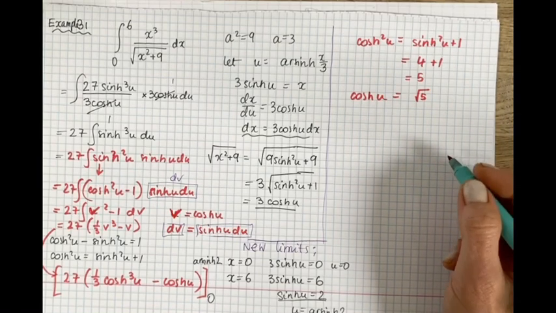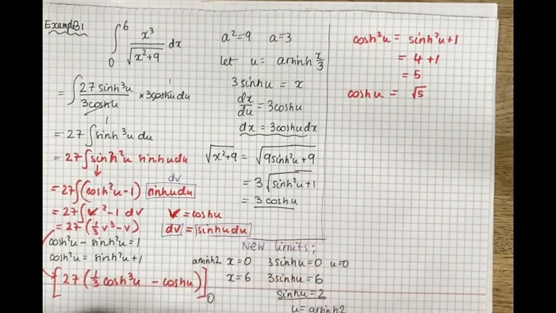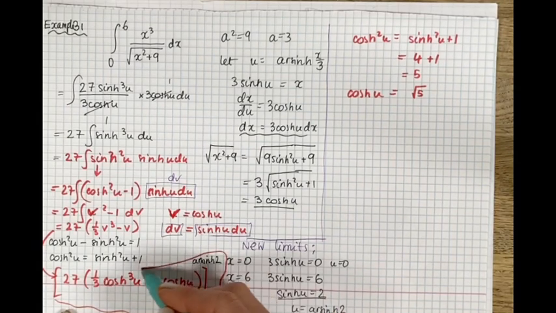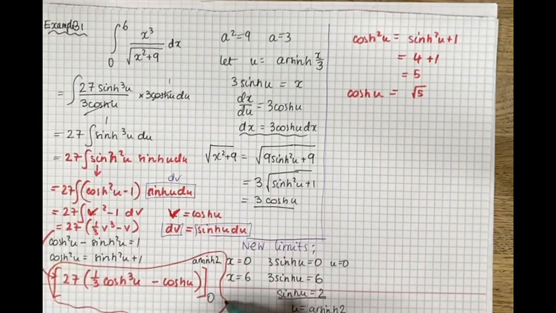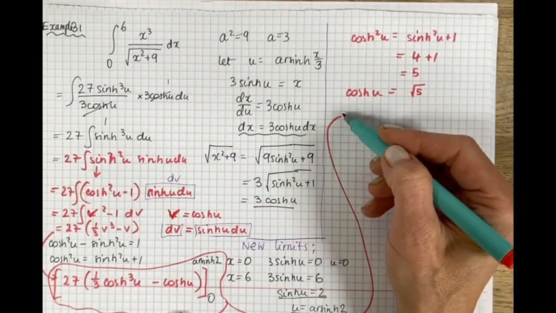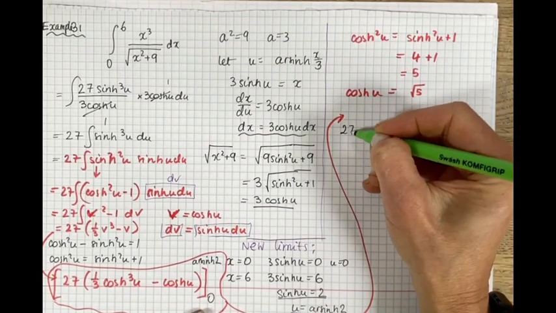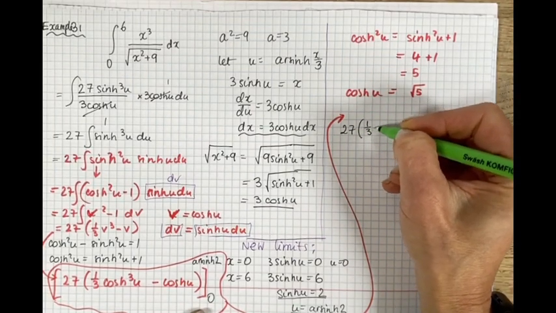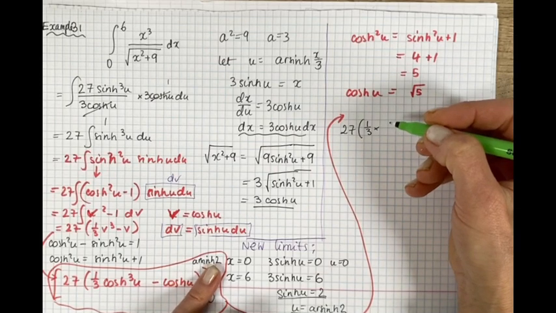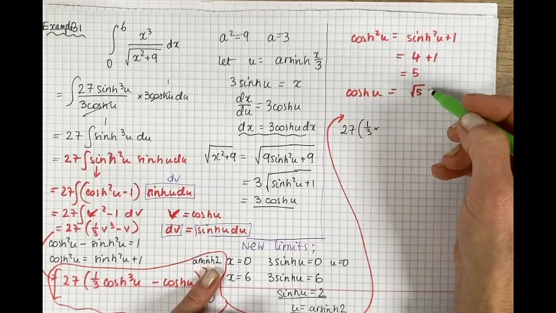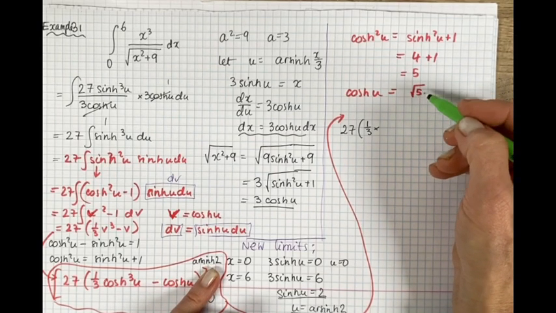So I think you are happy. We are happy now to evaluate this expression. So let me just put the arrows. Okay, so you're going to have 27 times a third times, we said at the top here, cosh u is worth root 5.